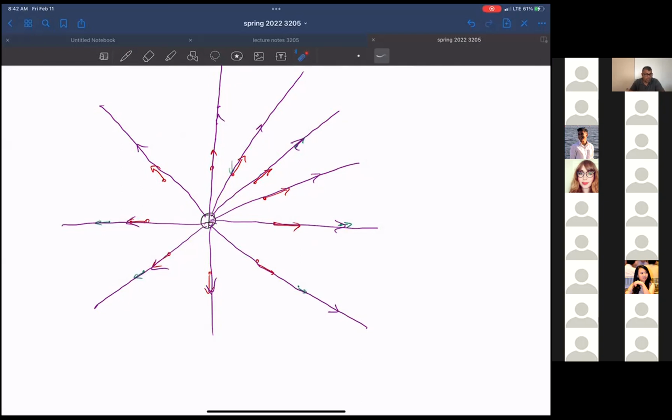So what people came up with to give us the amplitude is that everybody agreed that the density of lines at any point will give you the strength of the electric field there.